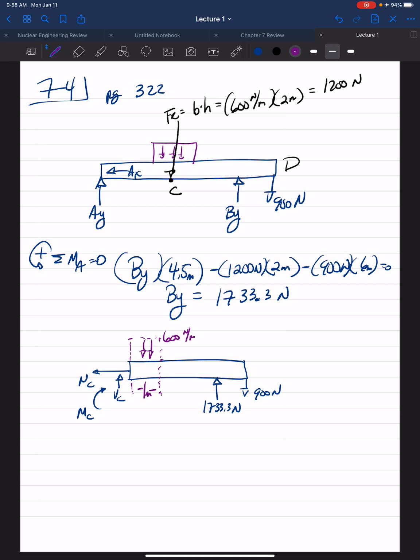Which means the resultant force now, base times height, is 600 times 1, so 600 newtons, and it acts 0.5 meters away from point C.